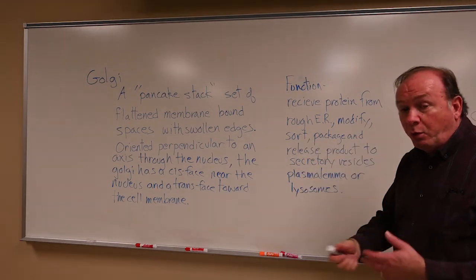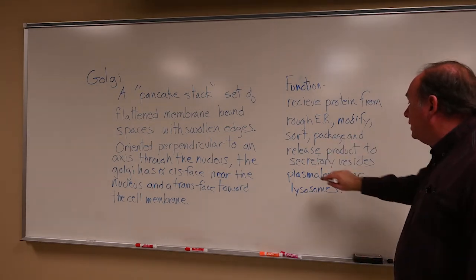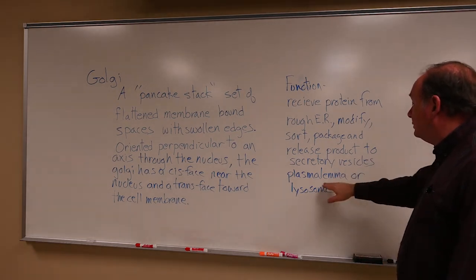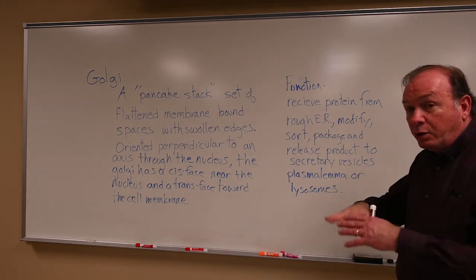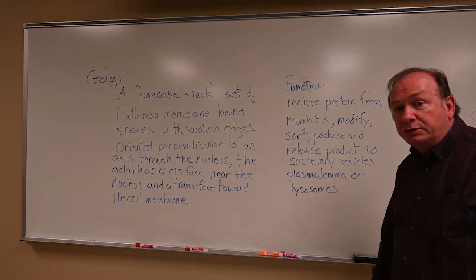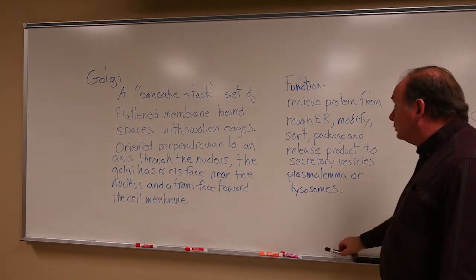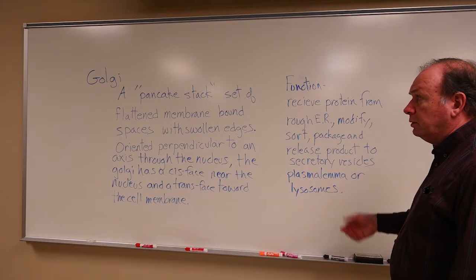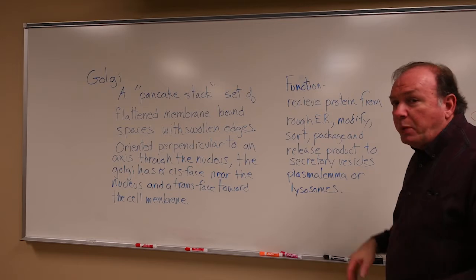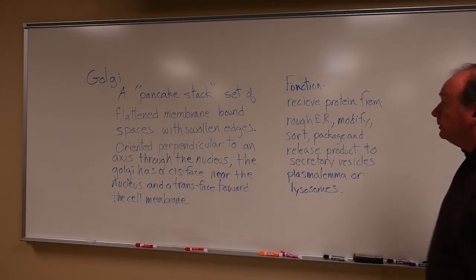It can be sorted so that one region of the Golgi is getting one kind of product, packaged and then released to secretory vesicles, it could be incorporated in the cell membrane, the plasmalemma, or it may form lysosomes with those little vesicles coming off the top of the trans face of the Golgi apparatus. So that's what we know about the Golgi apparatus. It receives, processes, sorts, packages, and then sends out these protein products of the cell.